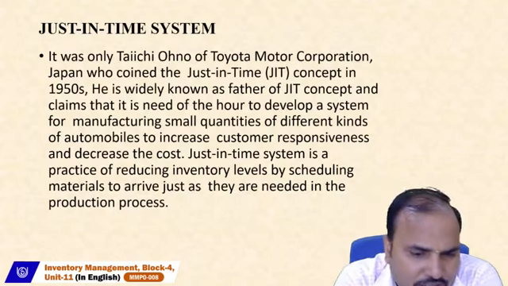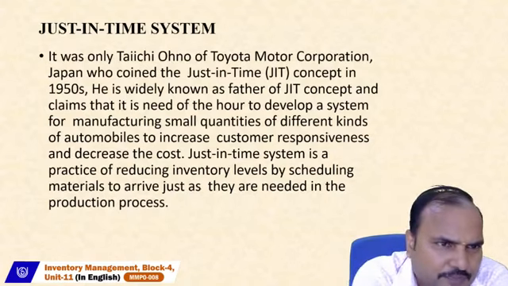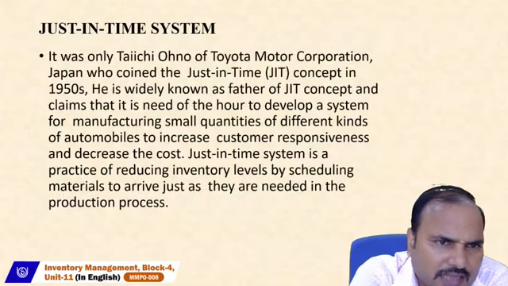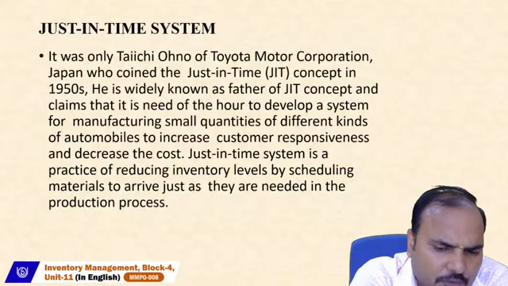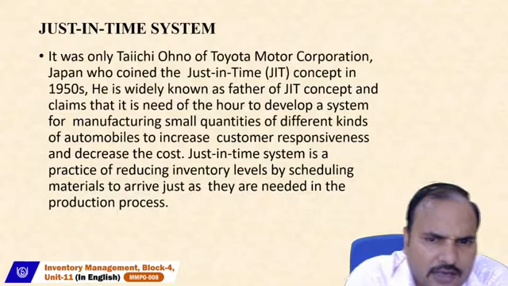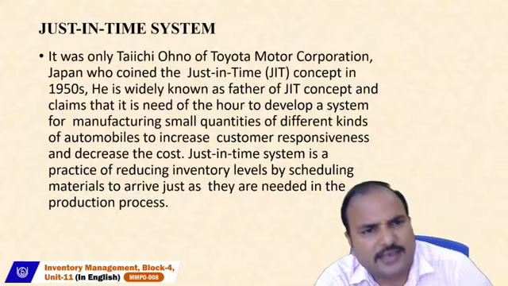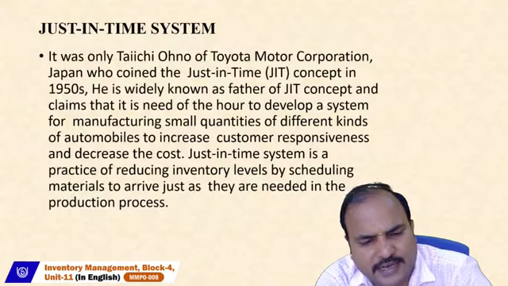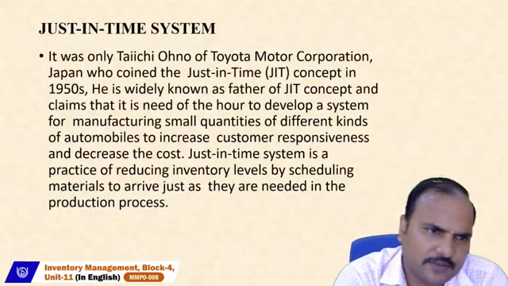Then we have discussed the just-in-time system. It was introduced by Taiichi Ohno of Toyota Motor Corporation in the 1950s, and he is widely known as the father of the JIT concept.